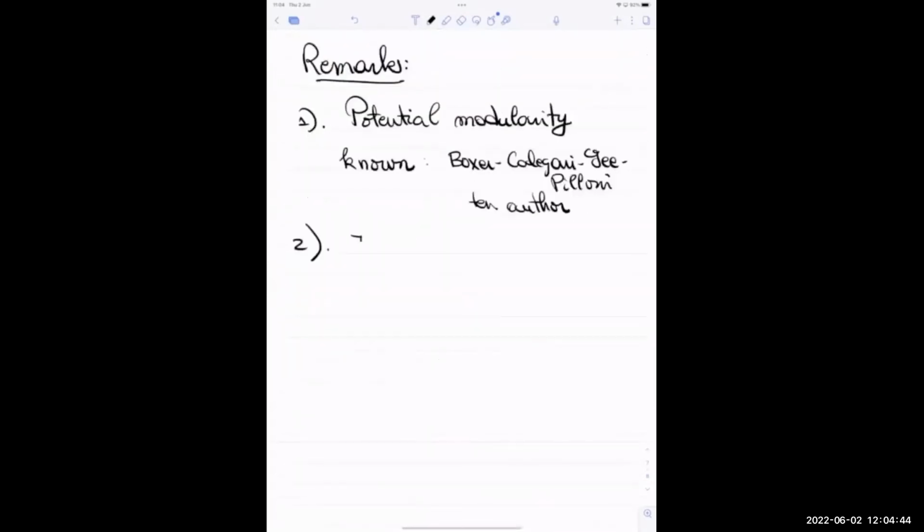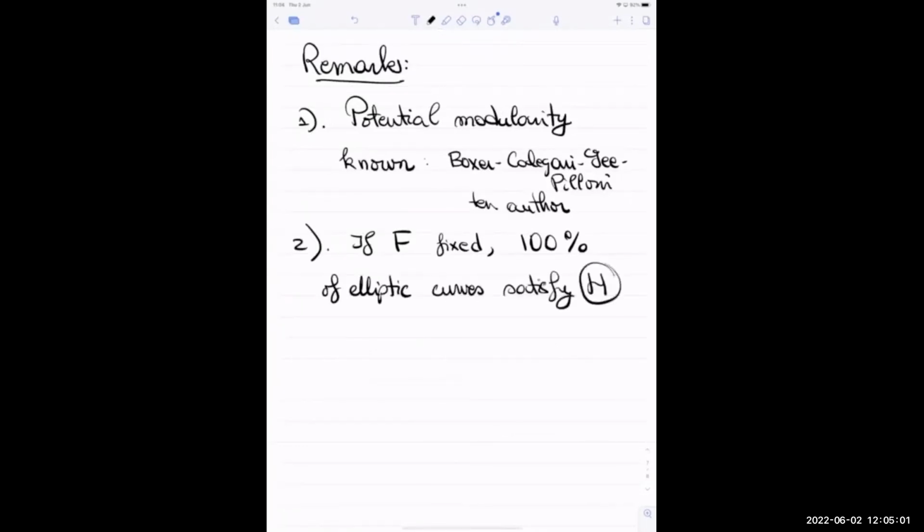So if F is fixed, then 100% of elliptic curves satisfy this hypothesis. And we can also hope to understand some exceptions.